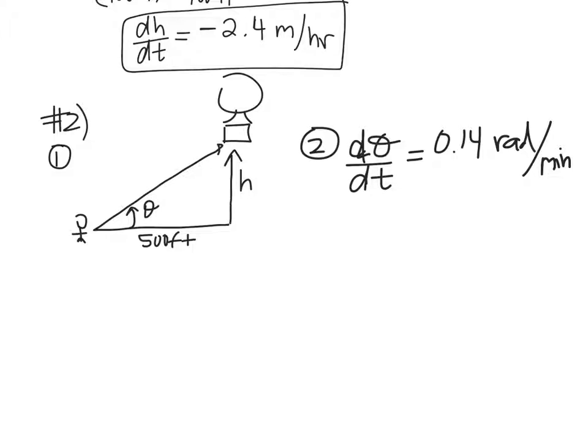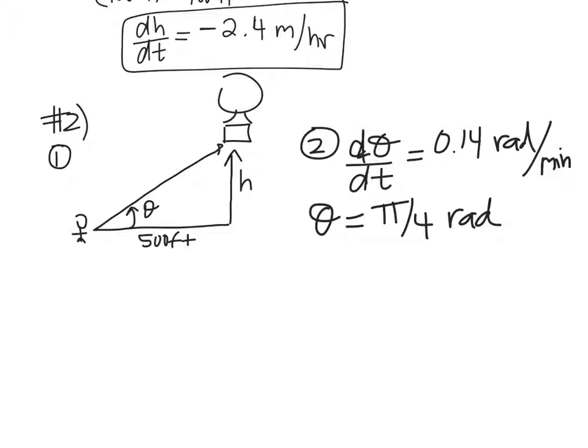Okay, I'm going to leave things in radians. You could change it to degrees if you want to, but I'm just going to go with radians. And then theta, at the time when this is happening, is pi over 4 radians. It says do not put in pi over 4. Right, we're not going to actually put that in yet until way at the end, step 6.